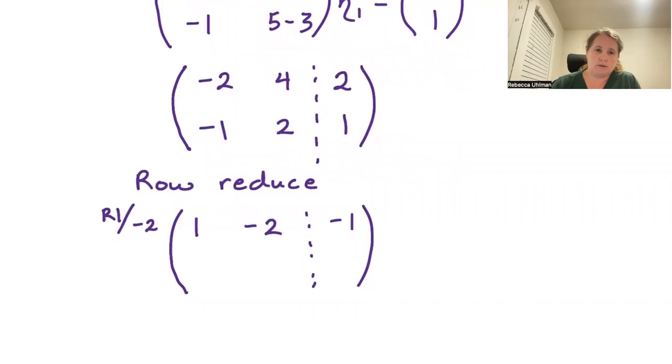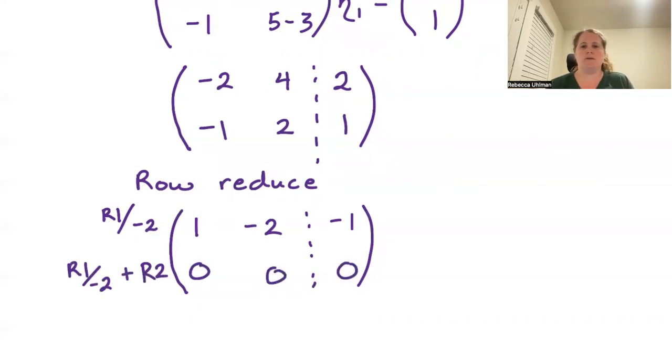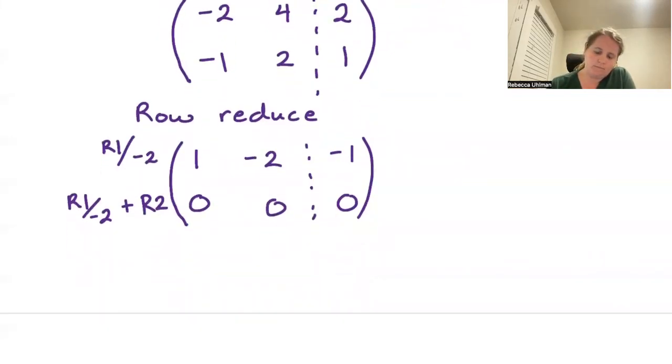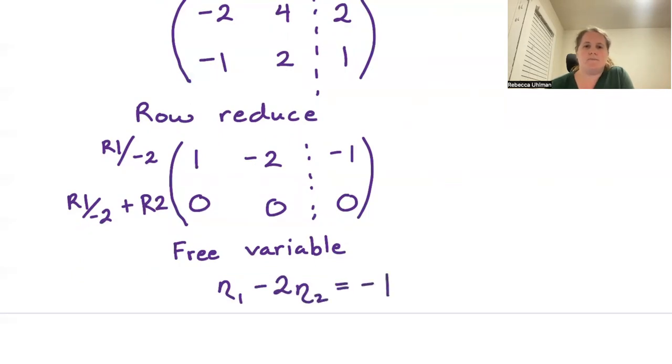And then if we do row 1 divided by -2 plus row 2, we would have 1 plus -1 is 0. We would have 2 plus -2 is 0, and -1 plus 1 is 0. So again, we have a free variable. And we also know that eta 1 minus 2 times eta 2 is equal to -1.